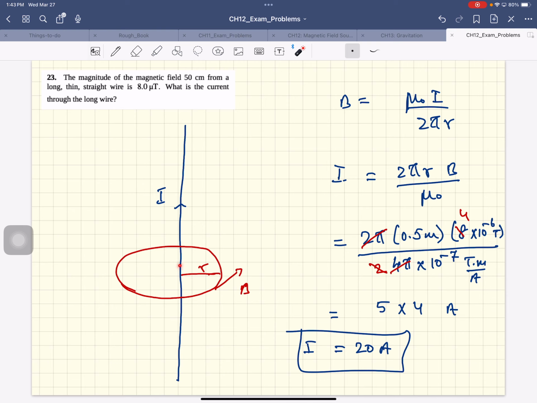From a 20 amp current, half a meter away, the field is 8 microtesla. And that's roughly about half the field strength of the Earth's magnetic field. So if you have a 20 amp current, half a meter away, that's about half the strength of the Earth's magnetic field. Or not half, roughly a tenth.